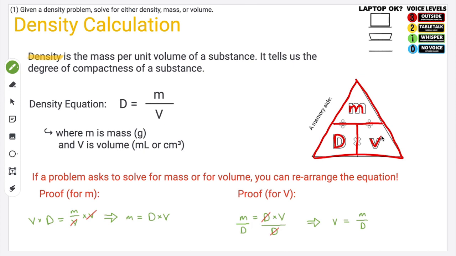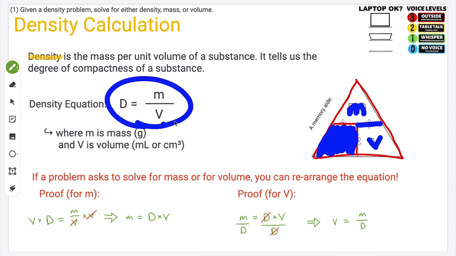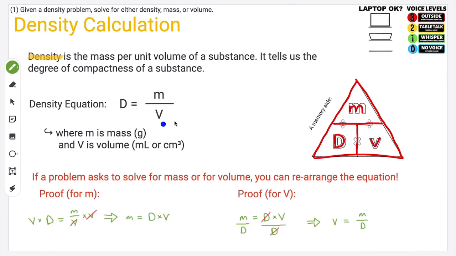Now, before you cover it, if you're asked to solve for density, you would cover the density part. What is density? Well, density is mass divided by volume. That's this one right here. What if you're asked to solve for mass? You'd cover the mass part.